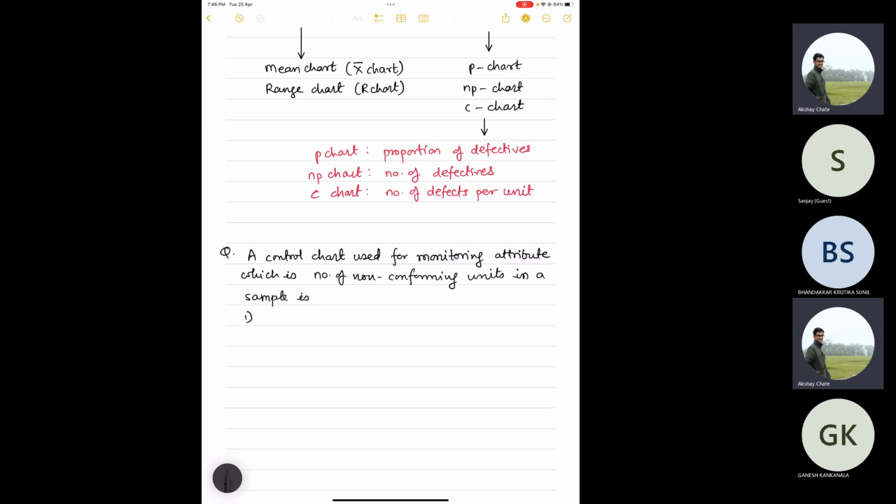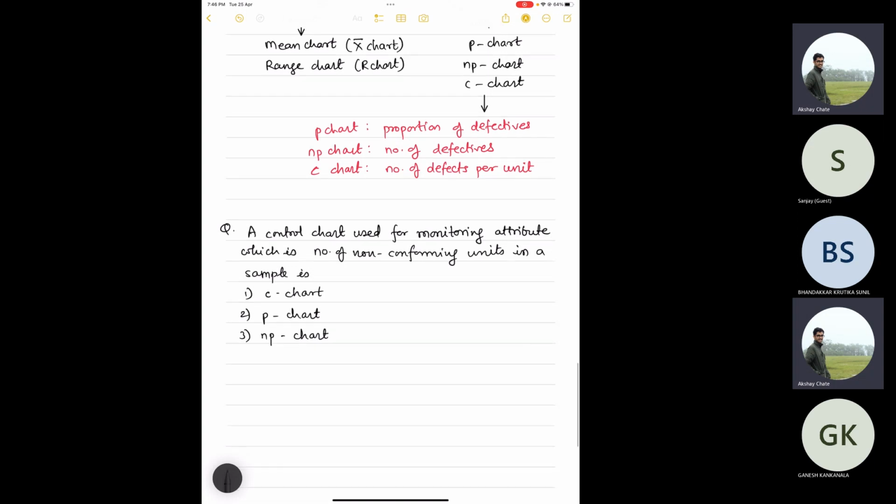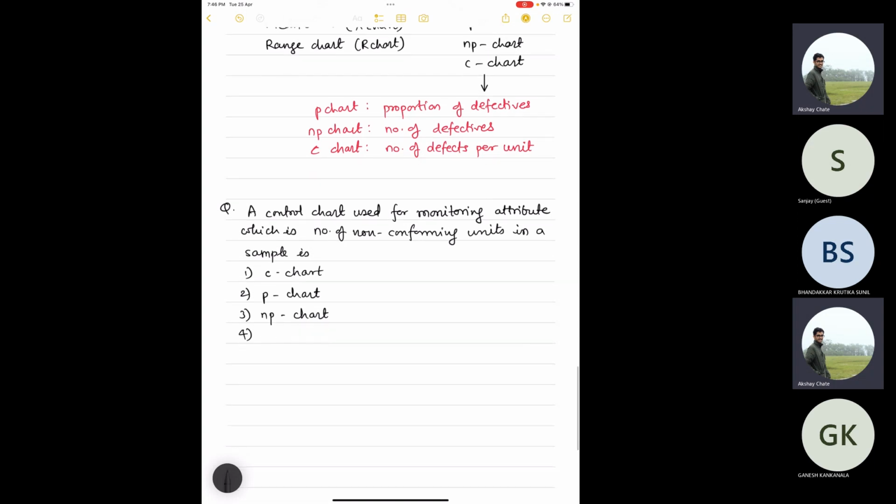Option 1 is C chart, second is P chart, third will be NP chart, because we have these 3, and then there will be some X bar chart. So the answer is here itself only.